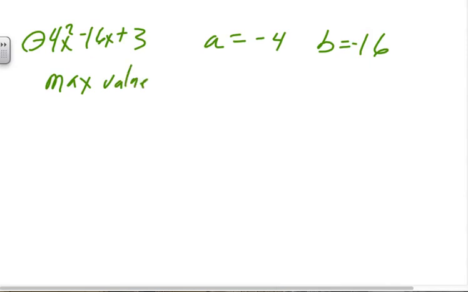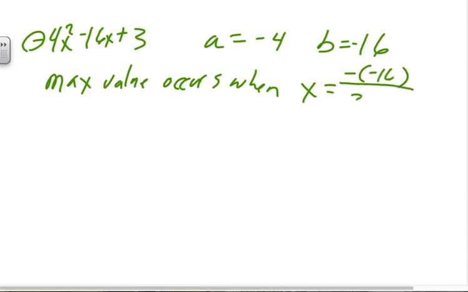So my maximum value occurs when x equals negative b over 2 times negative 4, or when x equals 16 over negative 8, which is negative 2.